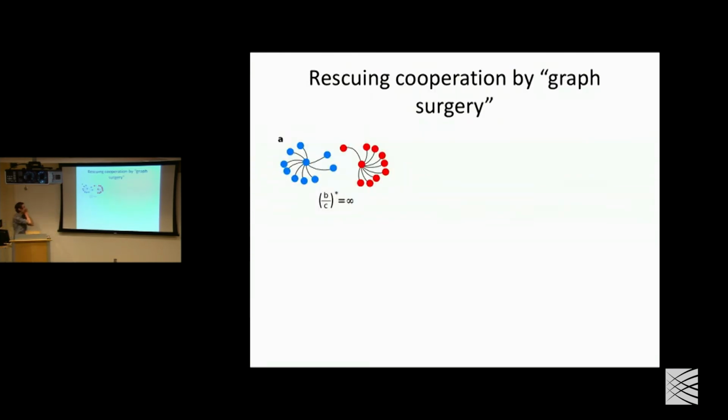Another question we can ask is, if we're given graphs that don't favor cooperation, can we improve them? Yes? Human society actually has something of a model like that. Do you think that's coincidence? Do I think it's, I think it's fortunate. I'm not sure. I'm not making value judgments about the model.